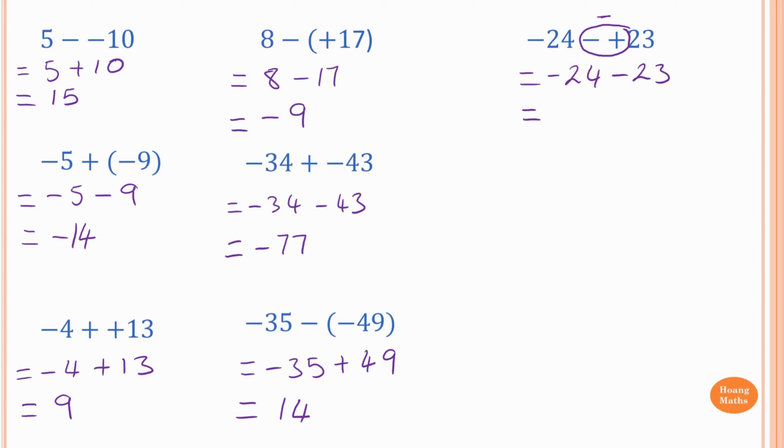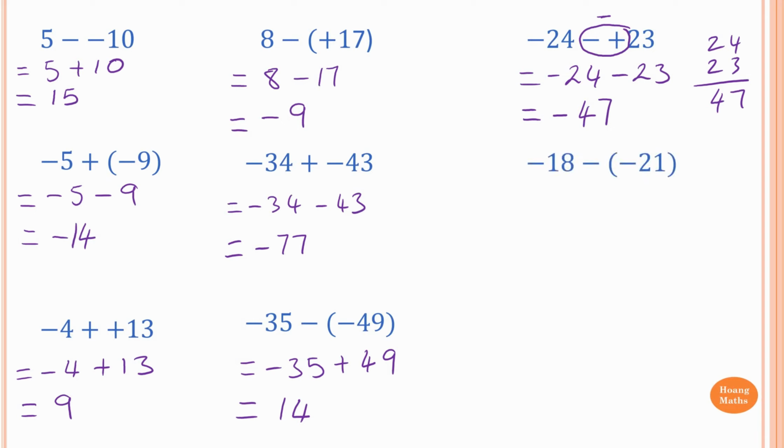This means that you owe the bank $24 and you owe another $23, so we owe even more. So we just add them up: 24 and then we add 23. 4 plus 3 is 7, and then 2 plus 2 is 4. So the answer, instead of 47, is negative 47.